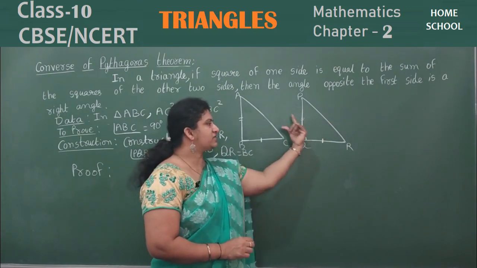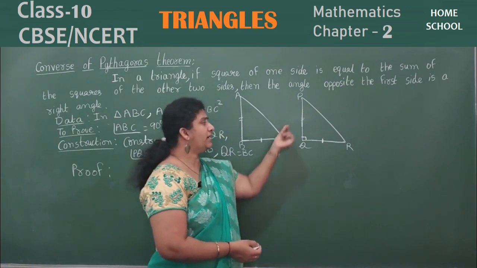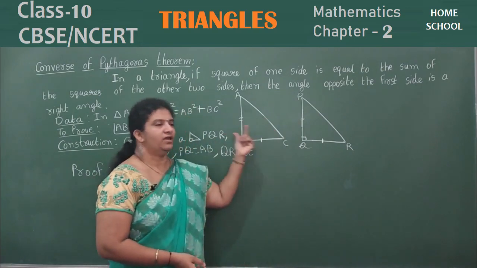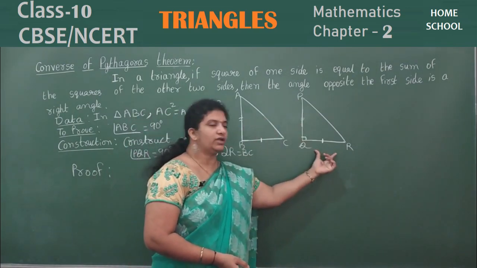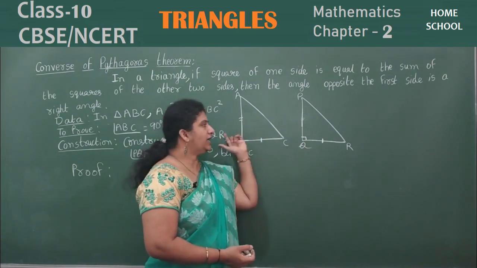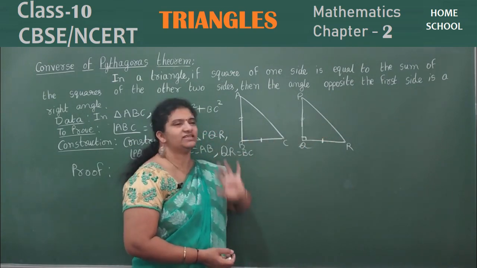That is PR square is equal to PQ square plus QR square. But PQ is AB and QR is BC. In the place of PQ and QR, substitute these two sides. Then, on comparing these two, I can say PR is equal to AC.